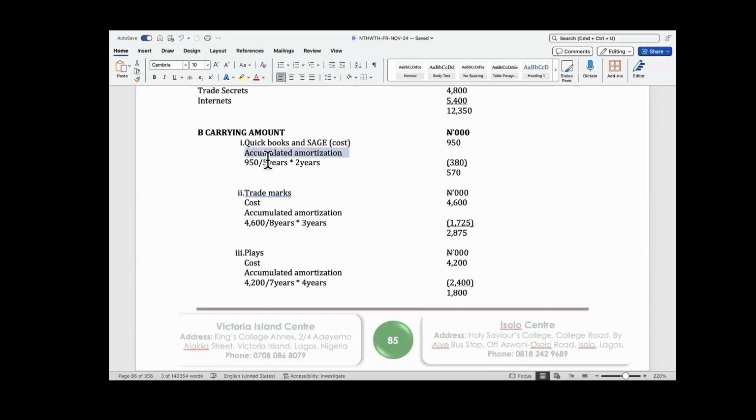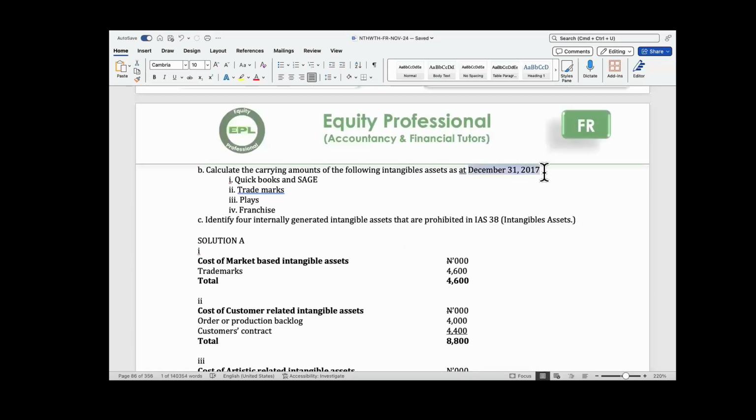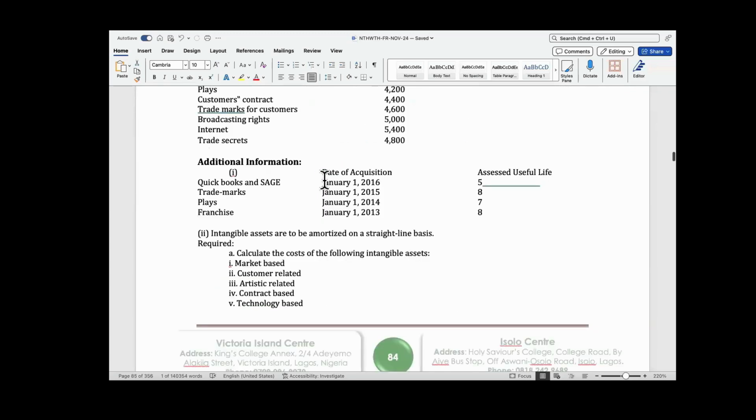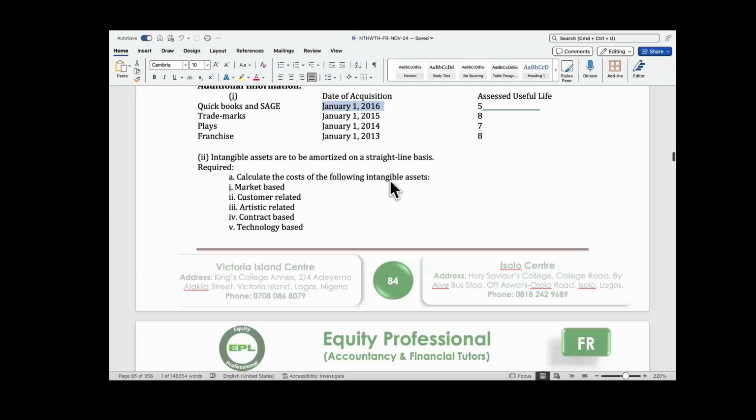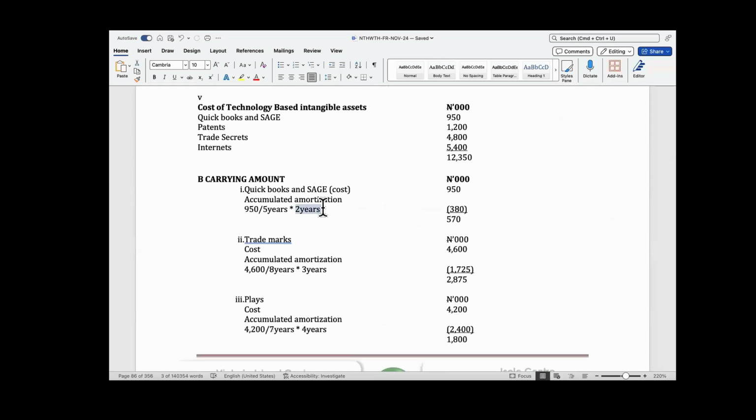It will be the cost over the useful life, which gives the cost per annum, multiplied by the years to date. Since they want the carrying amount at the end of 2017 and we bought it in 2016, that's 2 years, so we multiply by 2. Removing that from the cost gives 570.